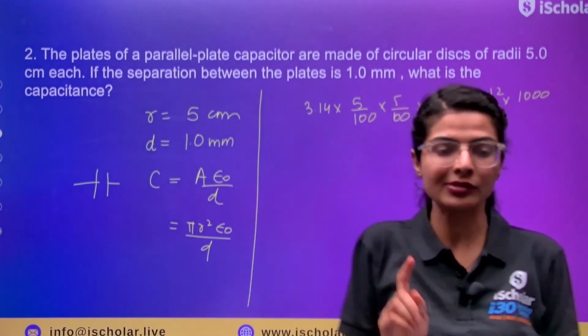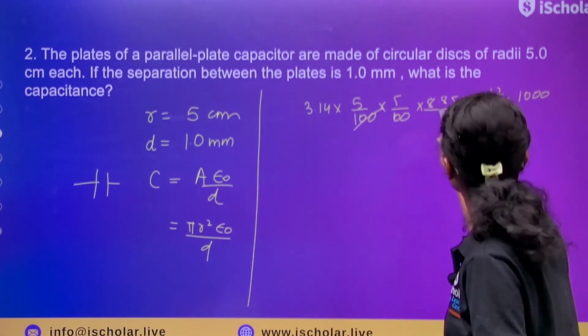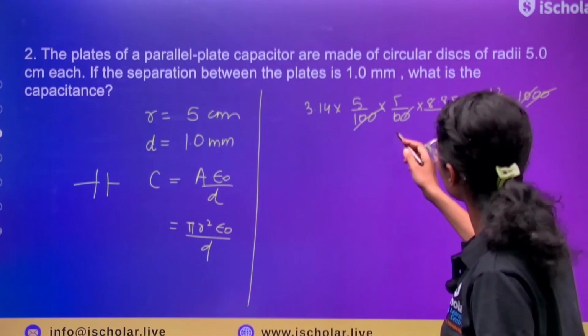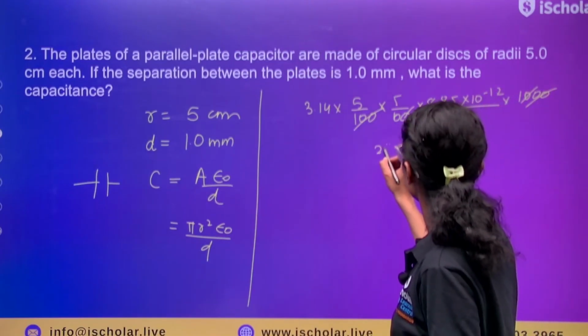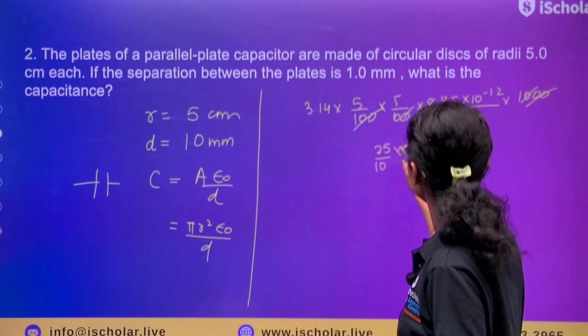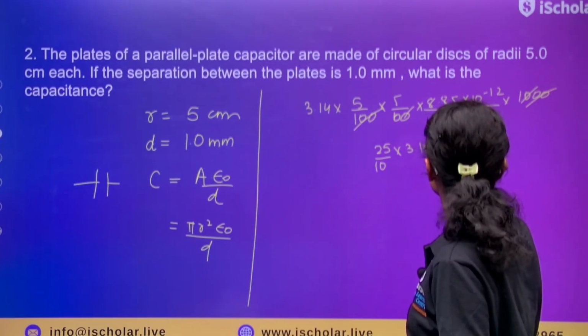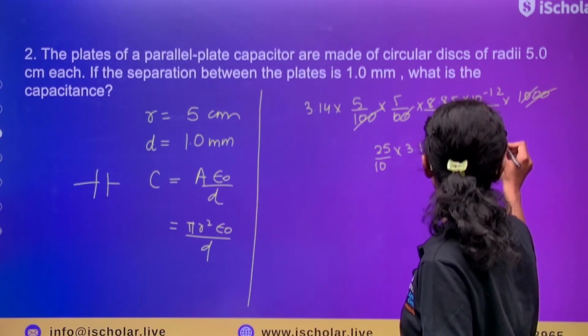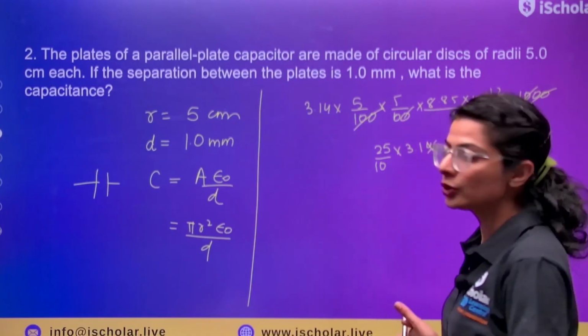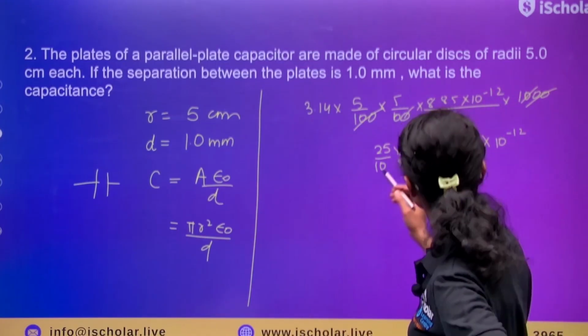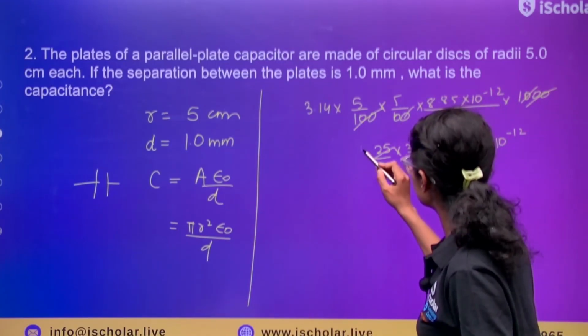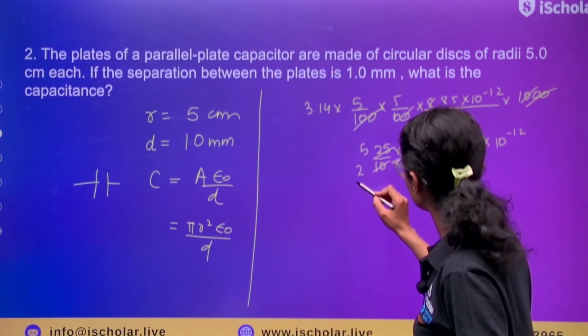We just need to solve this value. From here we can get it as 25 divided by 10 into 3.14 into 8.85 into 10 to the power minus 12. Just trying to ease out the calculation, I'm taking this term as 5. This would be 2.